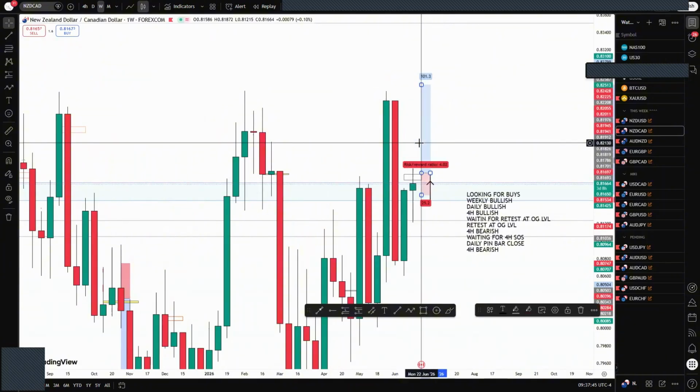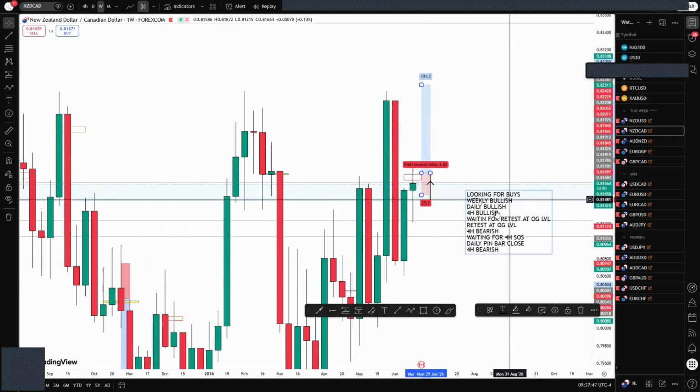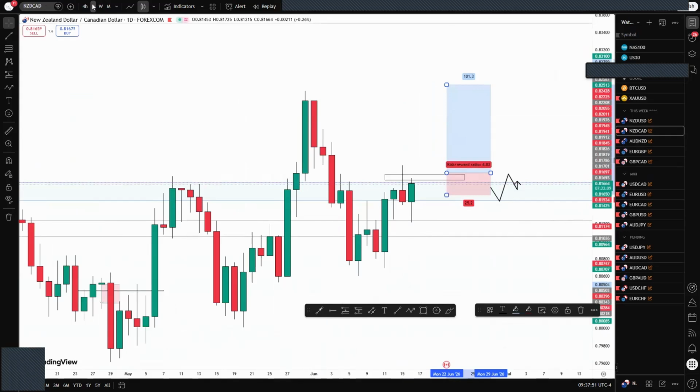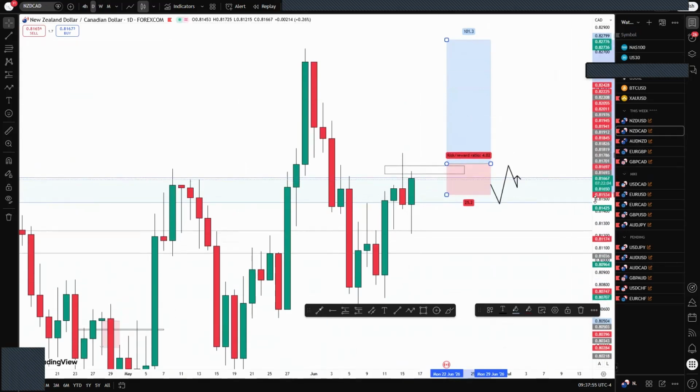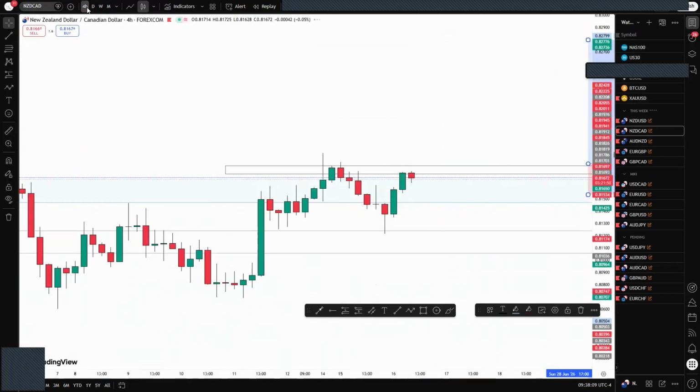Personally, I think this pair is a bit cleaner compared to NZD CAD, NZD USD, because price is even likely to create an engulfing today. This will be fun. After this pin bar, this is a very good indication.